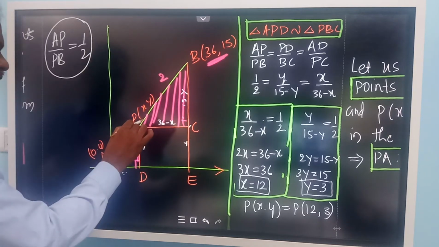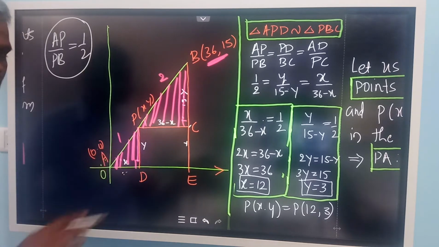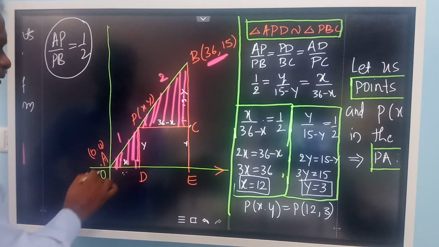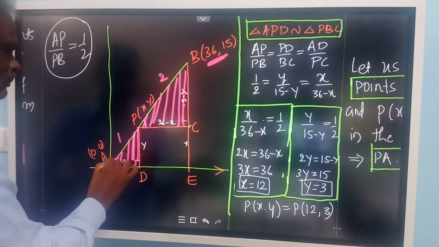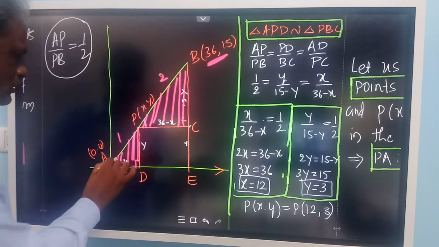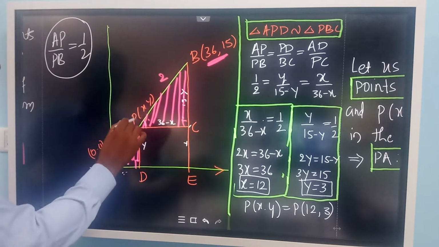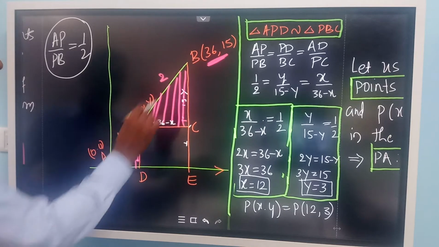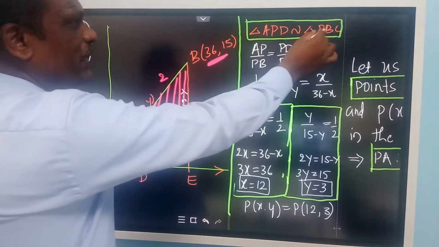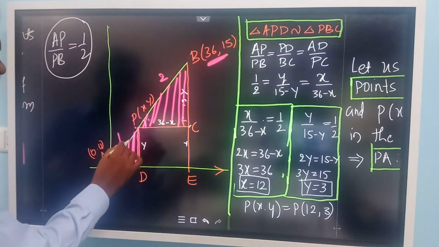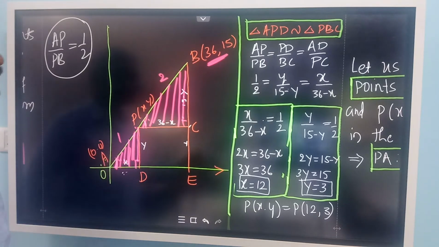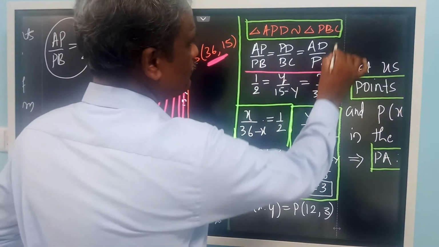Then if you take this angle and this angle, corresponding angles are equal, because these two lines are parallel. So by AA similarity, triangle APD is similar to triangle PBC. If these two triangles are similar, the sides are proportional.